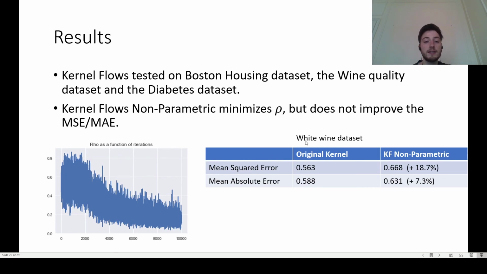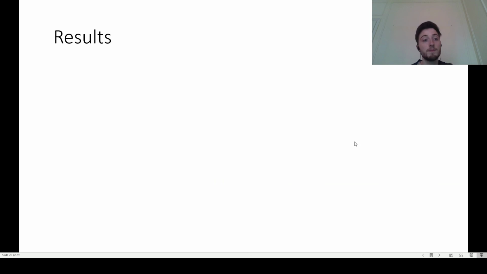This is one example, but there are others: between the original kernel and the prediction after transformation by the non-parametric version, you can see that the MSE goes up by 18% and the MAE goes up by 7.3%, which is undesirable.